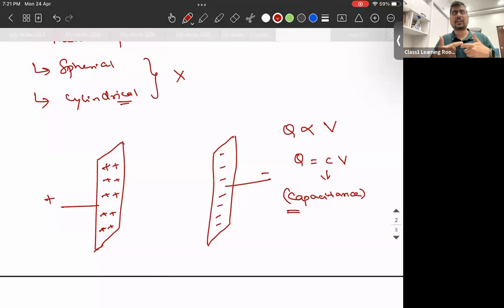You connect the battery and keep increasing the value of potential, and the amount of charge that can get stored also increases. So Q equals CV, where C is called the capacitance.